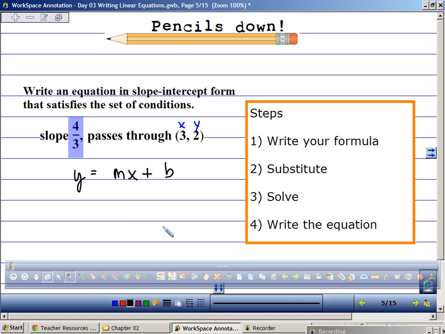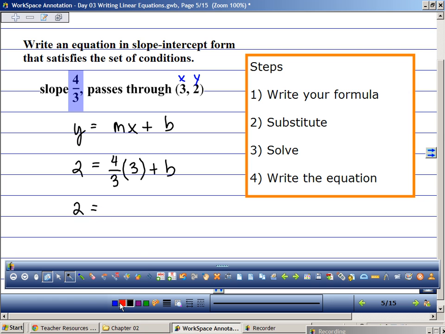If I were to substitute what I know I have already, I could substitute my y. What's my y that they gave me? 2. Right here, right? Equals the slope, which is 4/3, times my x, which they also gave me, is 3, plus b. Now I'm just solving for b.